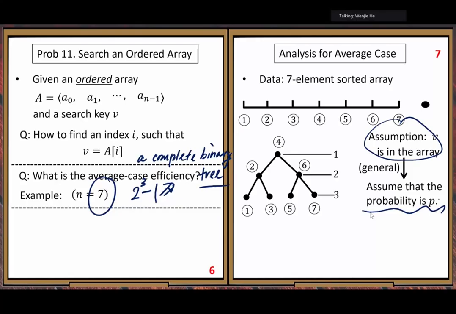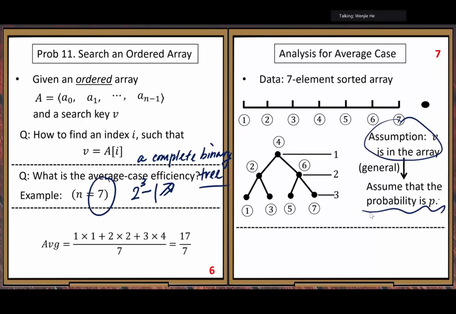To calculate that, look at the formula. First, the denominator: because there are 7 nodes, the total number of nodes goes in the denominator. Then the numerator: we need to count the total number of comparisons for all the cases.